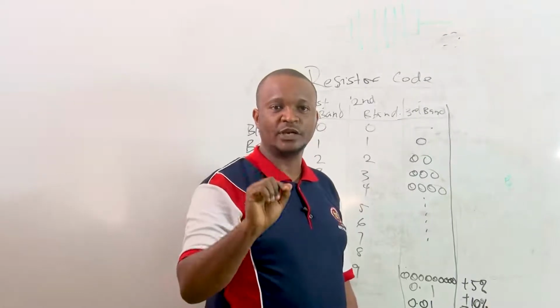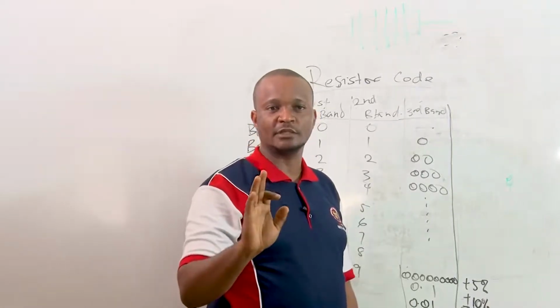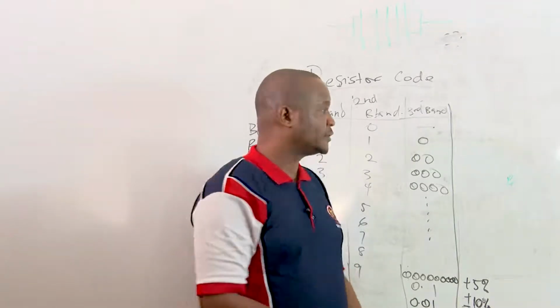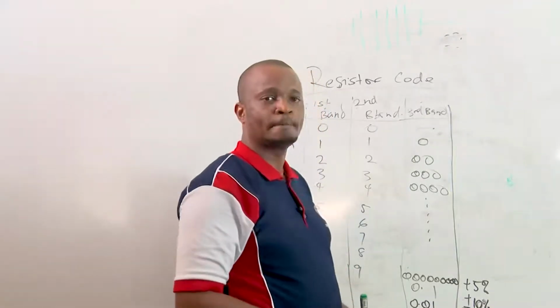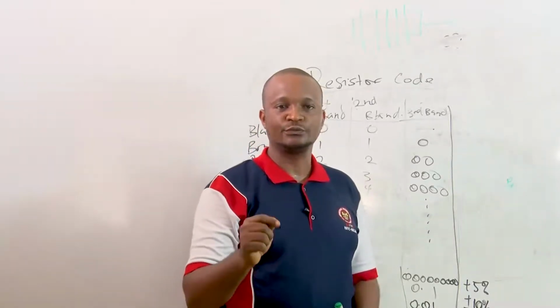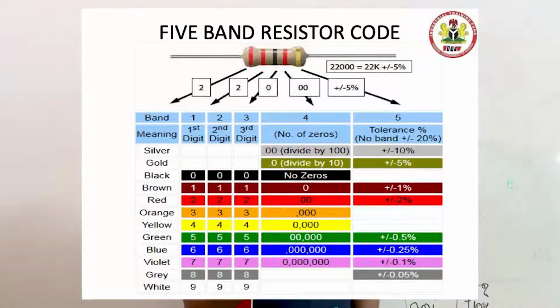The only difference is the color used for tolerance. For the 5-band resistor, brown and red are used for tolerance, so you will not be expecting to find gold most times on the 5-band resistor.